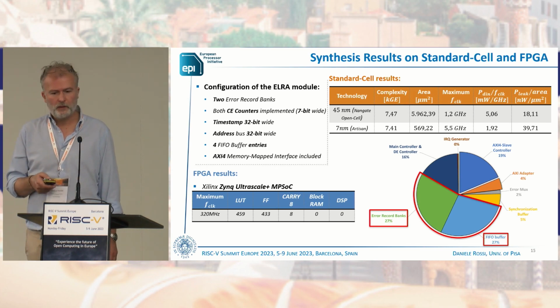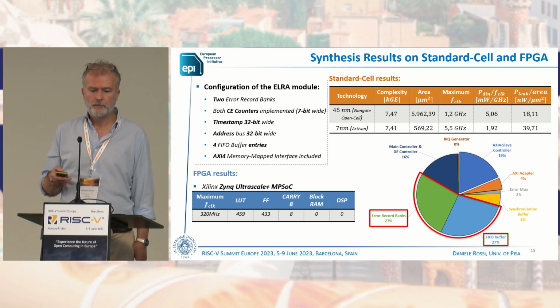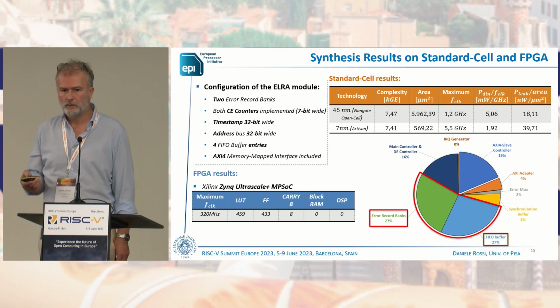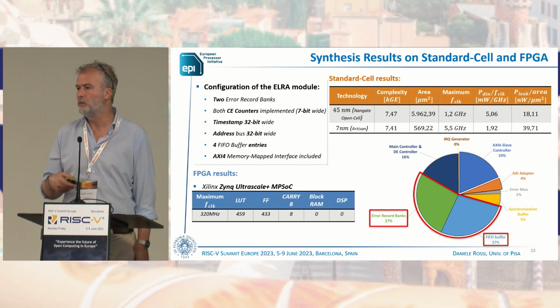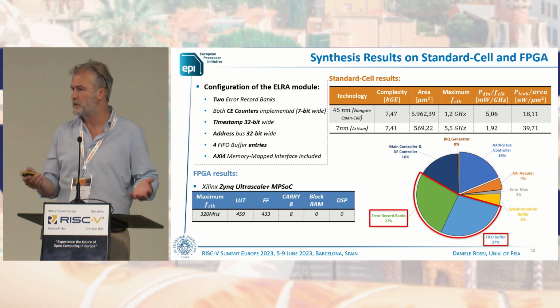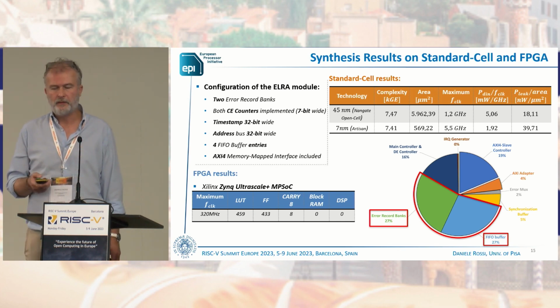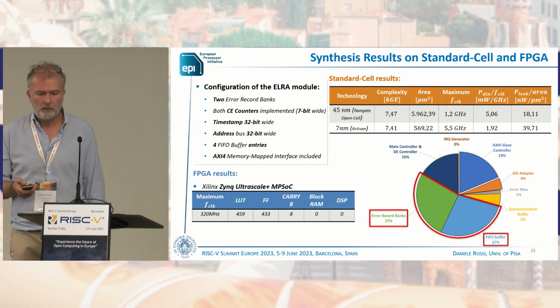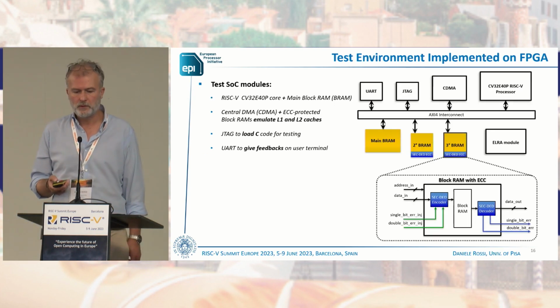If we want to increase the number of errors that we can log and report to system software, we need to expand the error record banks, and this area increases linearly with the amount of information that we want to store.